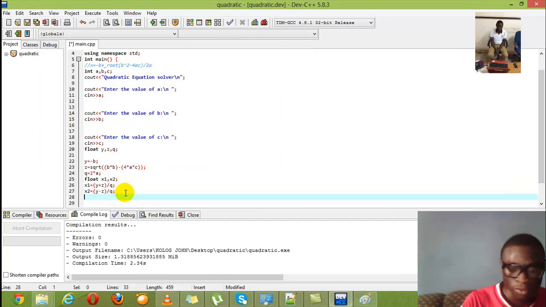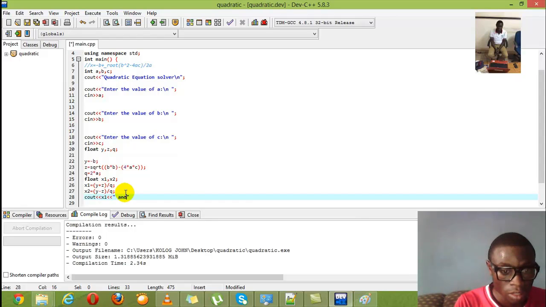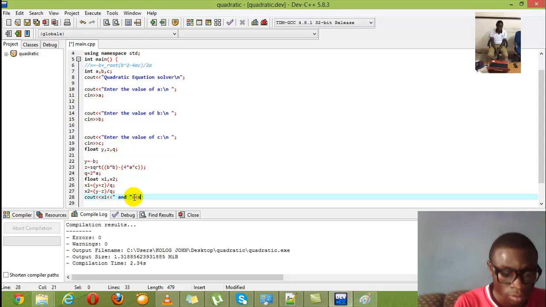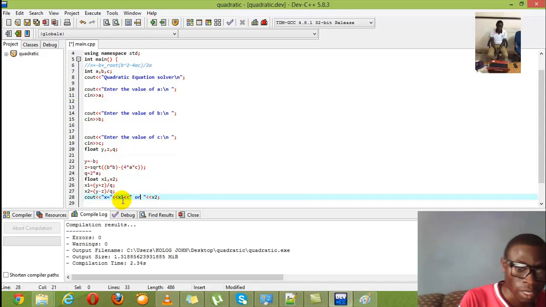So now what we'll do is print out the values of x1 and x2. Say x is equal to x1 or x2.